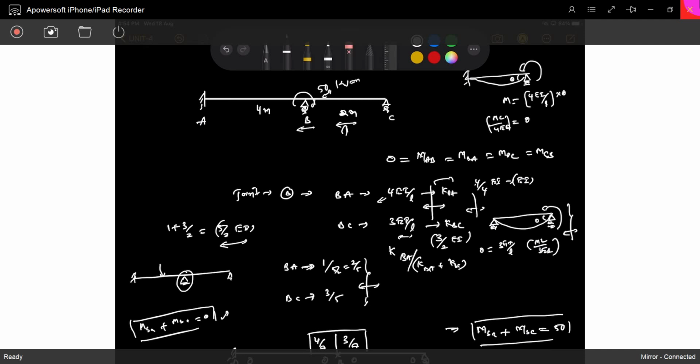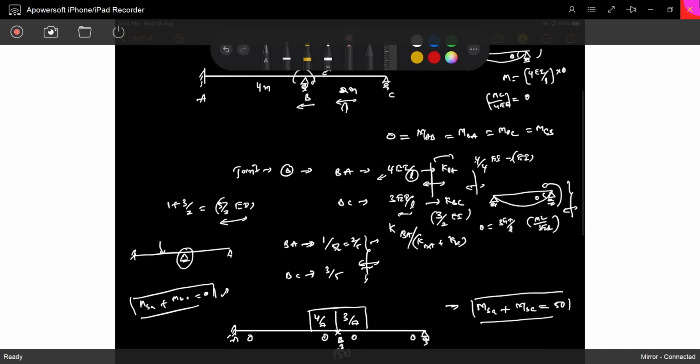We have to consider L. Previously I didn't see it, so I felt that both had the same length. No need to calculate BC again, since both should sum to 1. So it's 2 by 5 and 3 by 5.